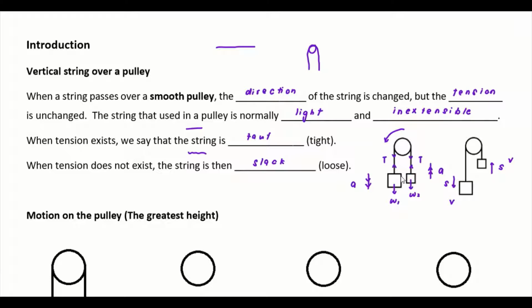After that, we also look at how to solve it using the idea of a combined system. Then the second example will look at the greatest height, basically how the two particles move in detail. The last one will look at the circumstances if the string breaks after that.